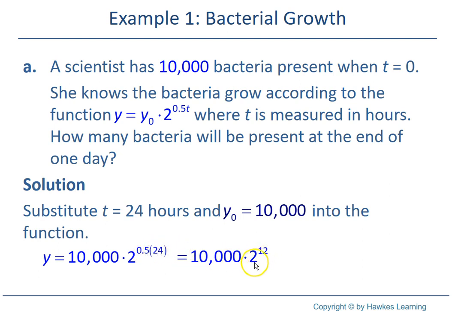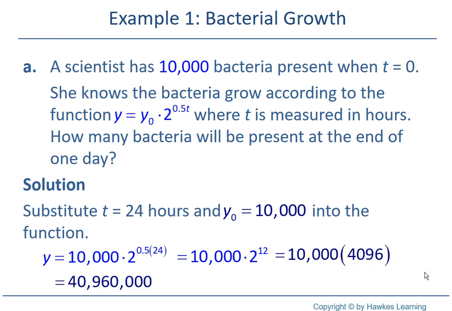So in a sense, 2 to the 12th power, and that gives you this value that you're now going to multiply by 10,000, and it gives you this. So you see, bacteria that grow exponentially become quite a large population in a day.